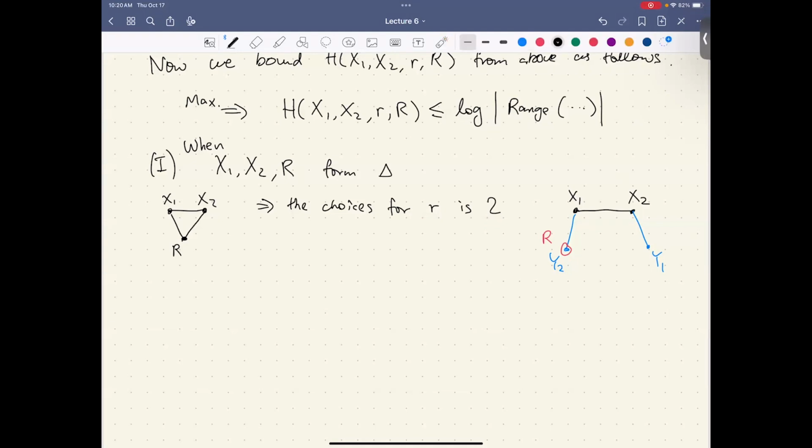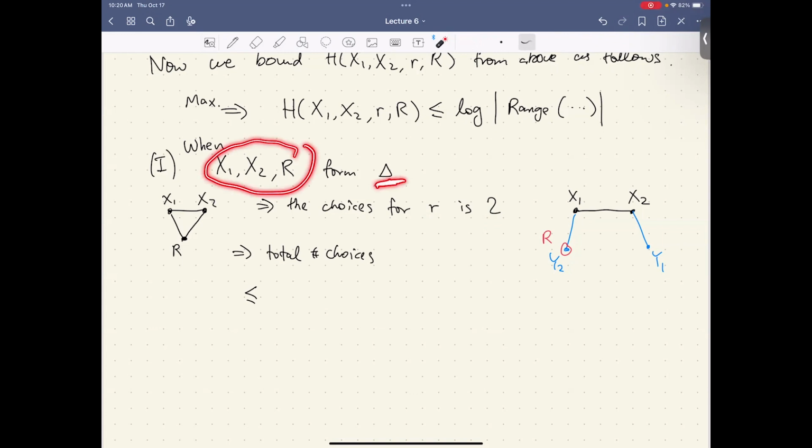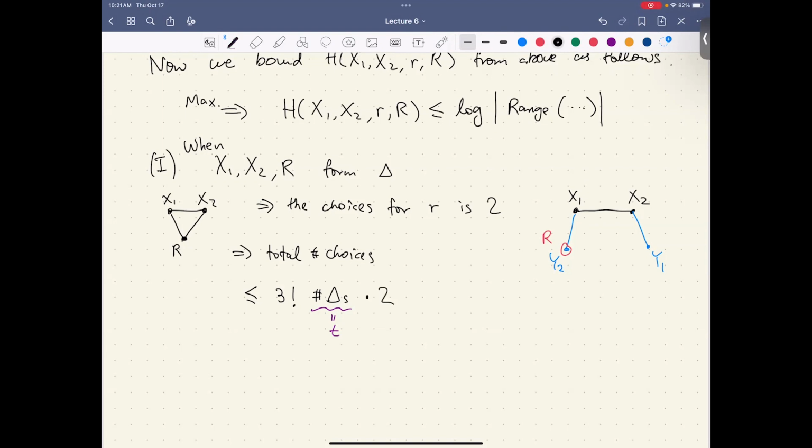So that means the total number of choices is at most, well, when they form a triangle, this is an ordered triangle, so this is 3 factorial times the number of triangles. Let t be the number of triangles. Times 2.